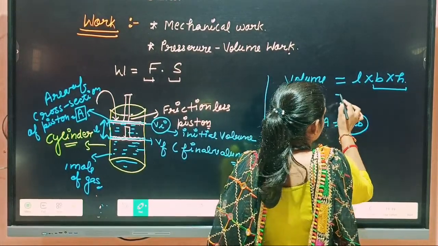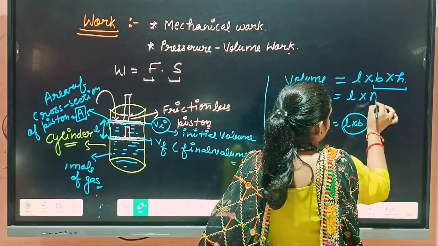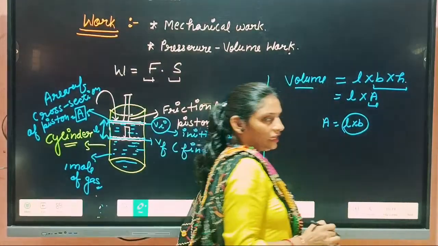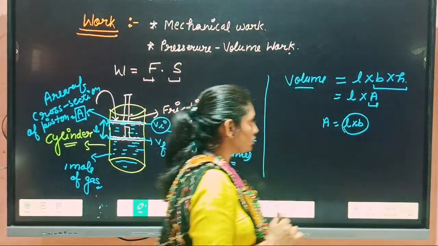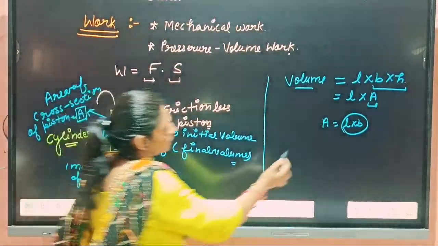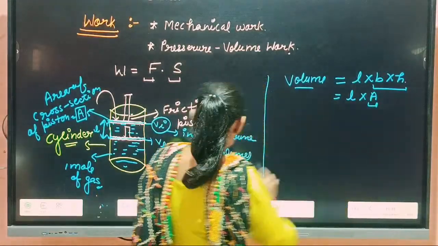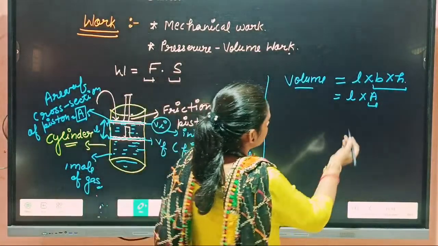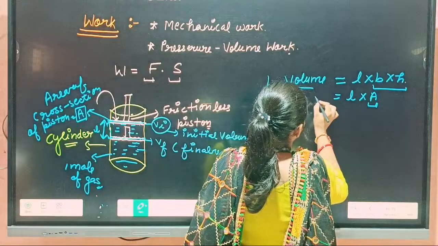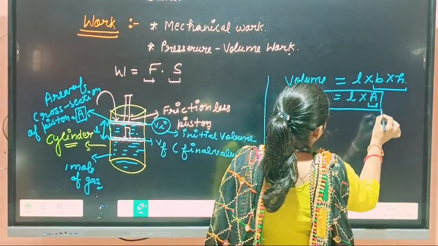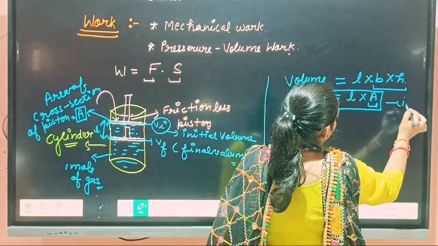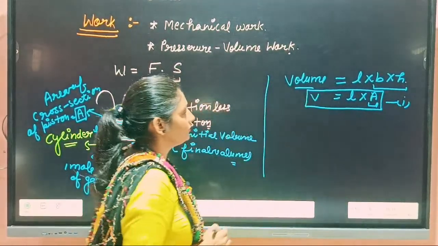And you know very well, area is length into breadth. So can I write it this way, L into A, because these two parameters we can show by area also. So from here, volume is equal to L into A. Consider it equation 1.